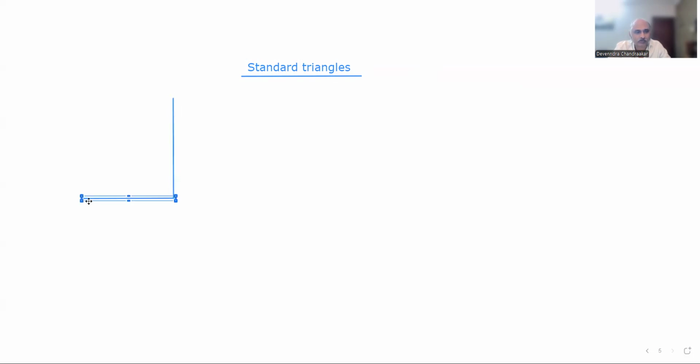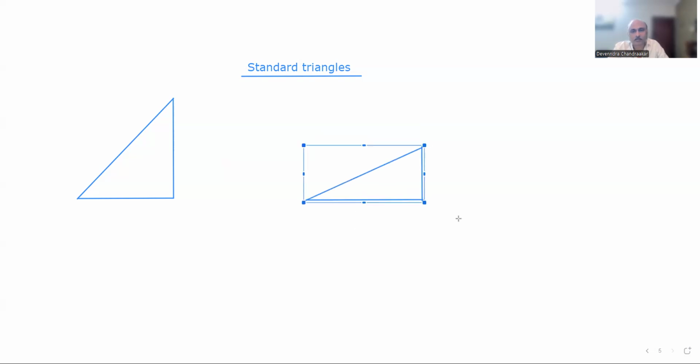So this first one is an isosceles right angle triangle. The second one is a scalene right angle triangle.